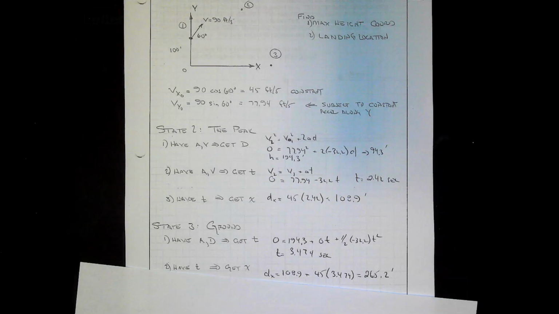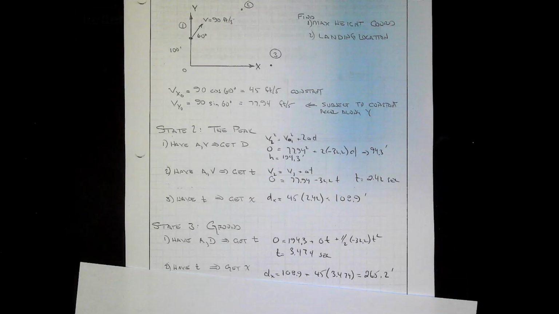We start at 194.3 plus v0, which is 0, plus 1/2 times minus 32.2 t squared. This is h equals h0 plus v0t plus 1/2 at squared. Solve for t. It's going to take 3.474 seconds for this thing to hit the ground.